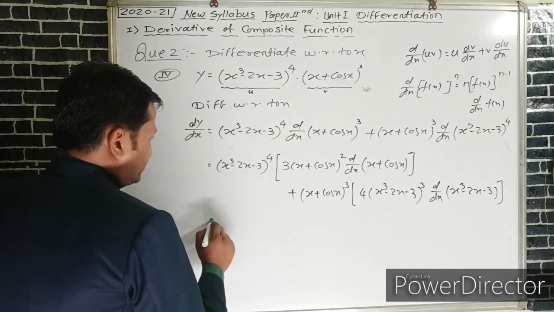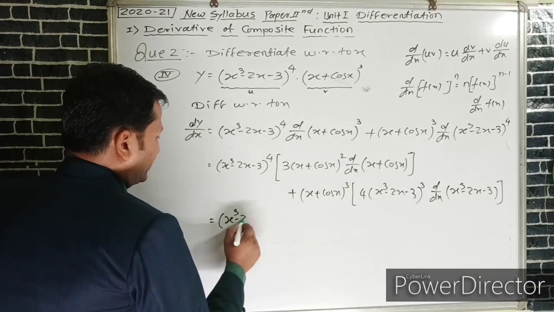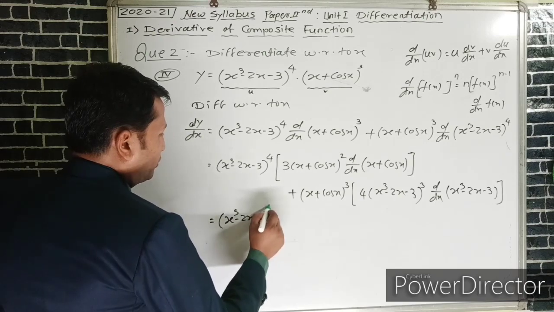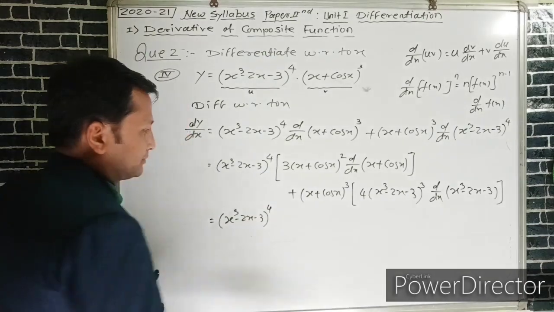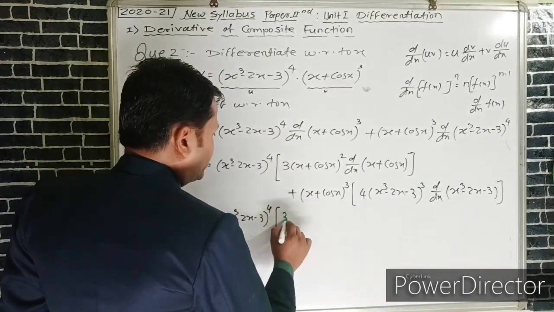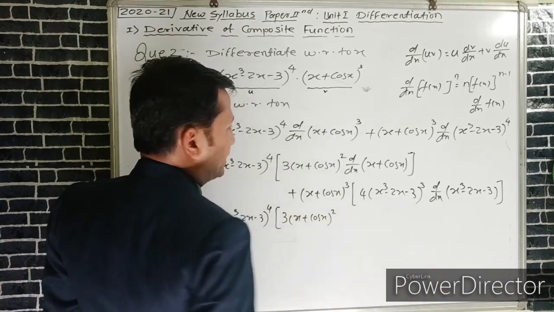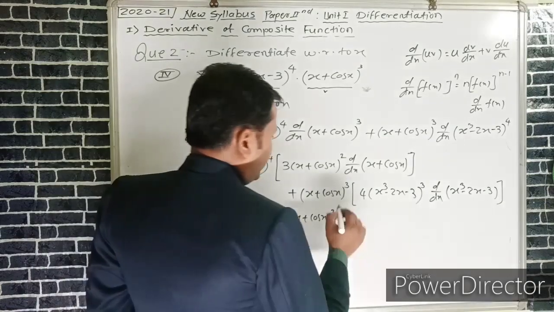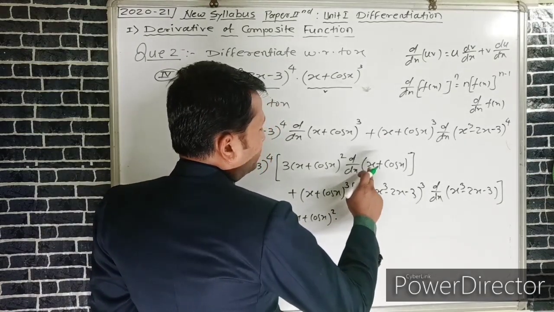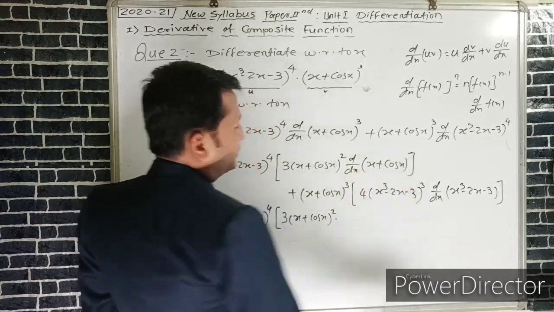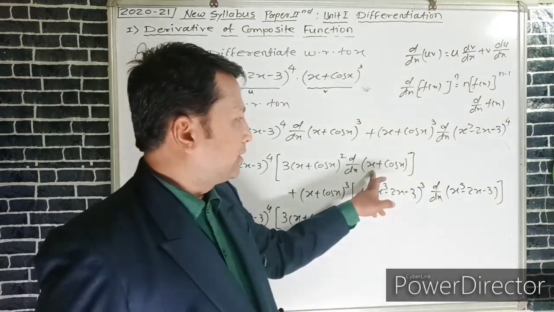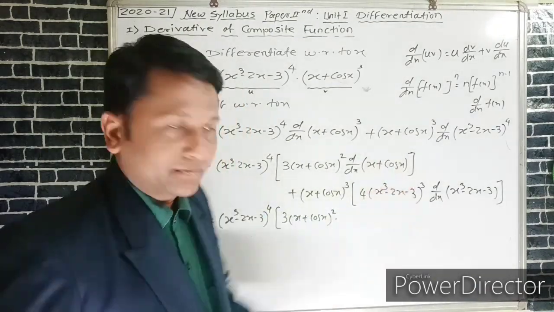First function (x^3 - 2x - 3)^4 as it is, into 3 (x + cos x)^2 as it is, into, by applying the sum rule, we take a separate derivative of x and a separate derivative of cos x.